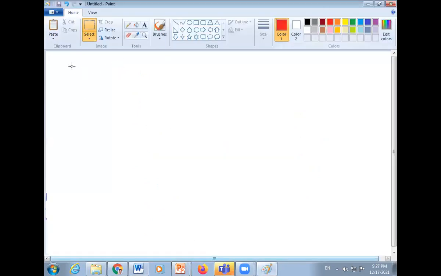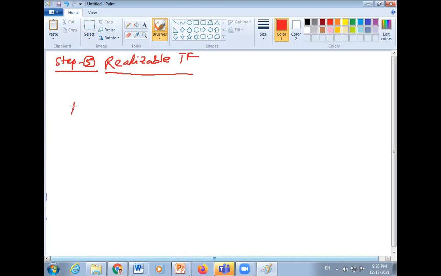Step 5: realizable transfer function. As we have the formula, h dash of z is equal to z to the power minus (N minus 1)/2 multiplied with h of z from the previous equation.